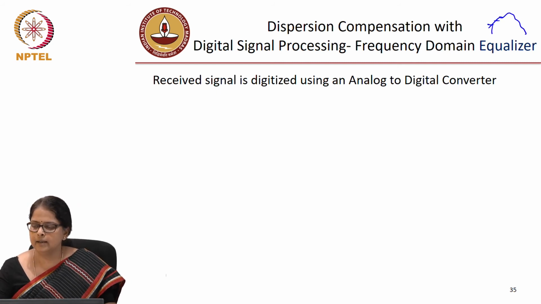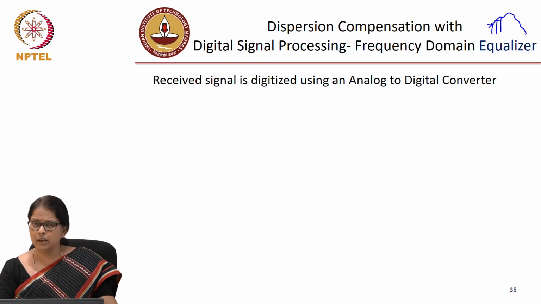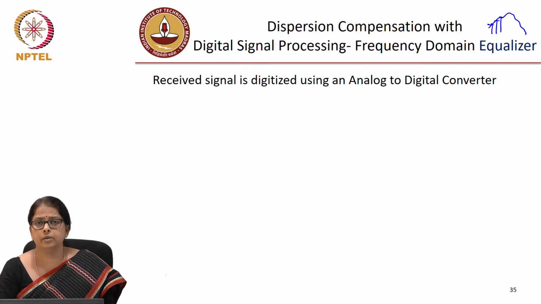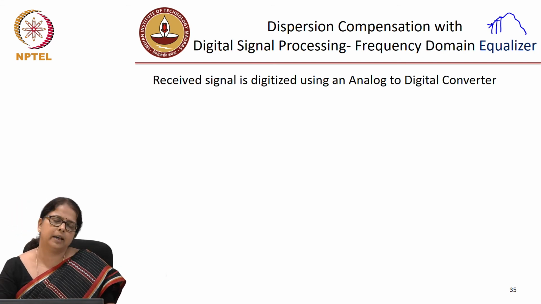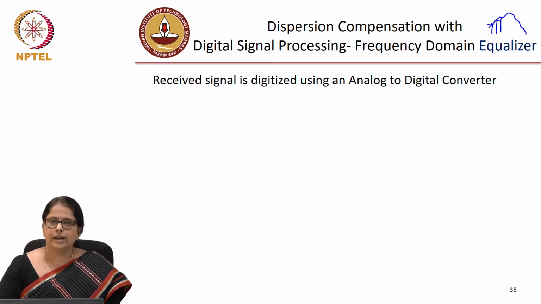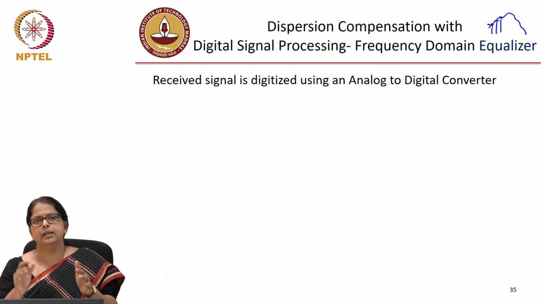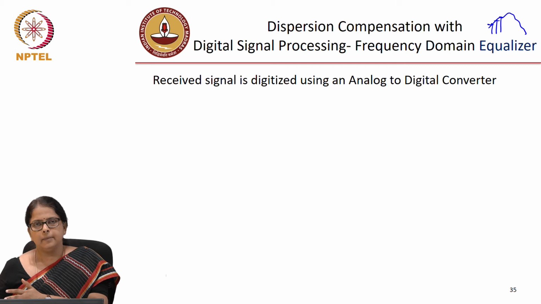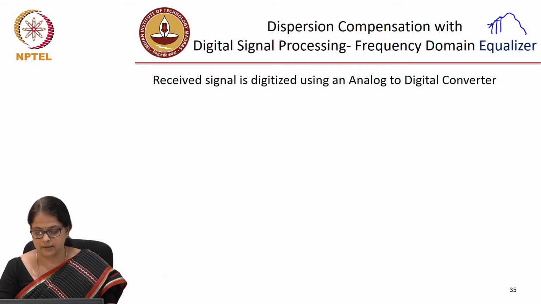For every sampling instant, you have a sequence of 0s and 1s depending on the vertical resolution of your ADC. So you have basically digital sequences. Once you have digital sequences, you can use digital signal processing to compensate for the dispersion. The entire filtering process is not done in the DCF, it gets done in the digital signal processing at the output of the fiber, after reception.